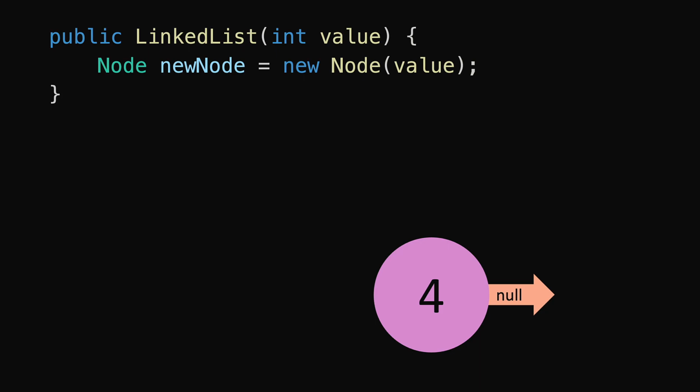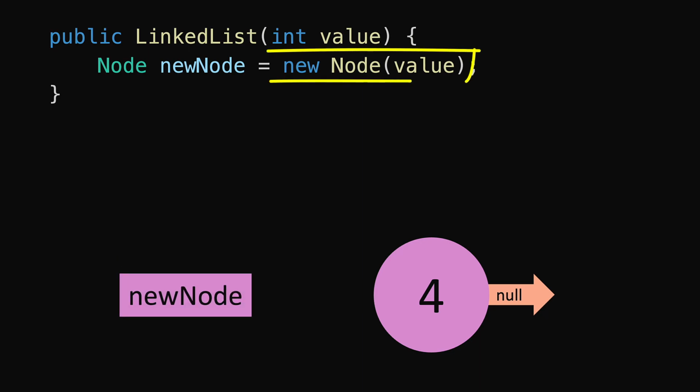So I want to spend a little time talking about this line of code because if you haven't seen this before, this can be confusing. It looks very much like we're doing the same thing on each side of the equal sign, but we're actually not doing the same thing. So on this side, when we say node, newNode is a variable name, and that variable is a pointer that can point to a node.